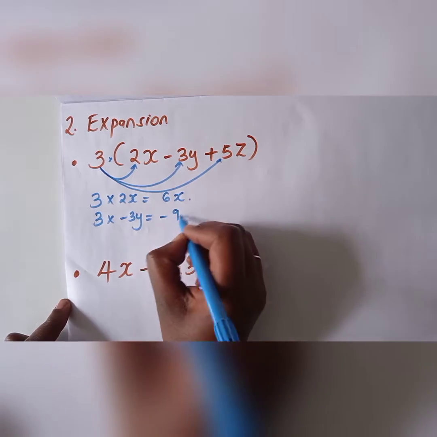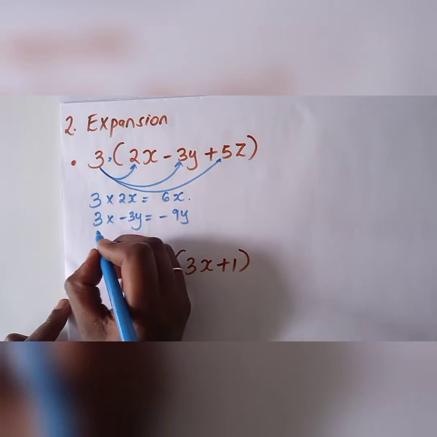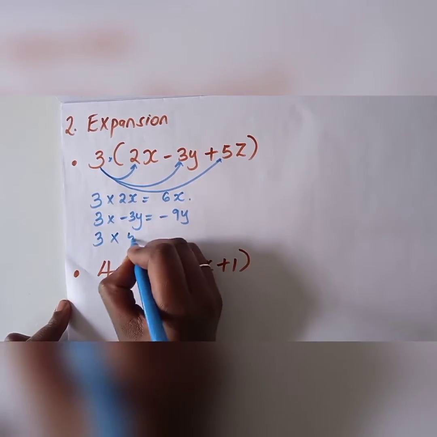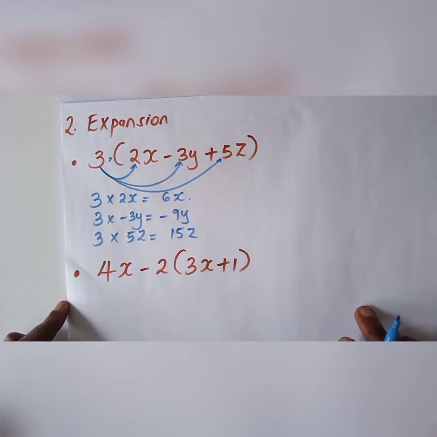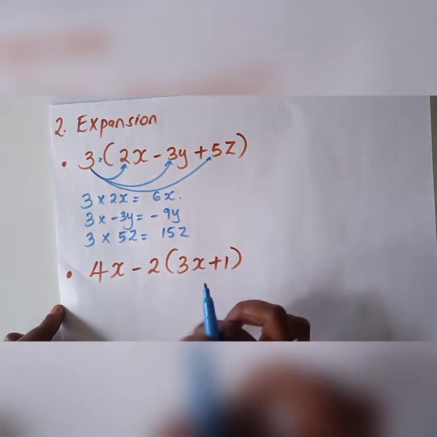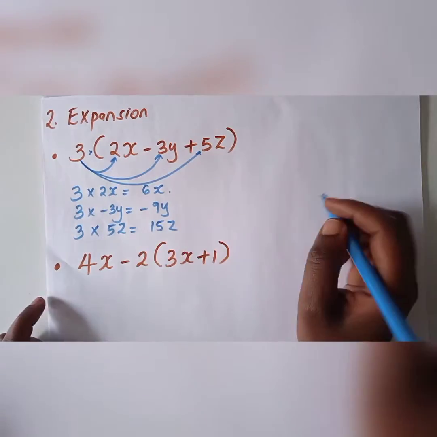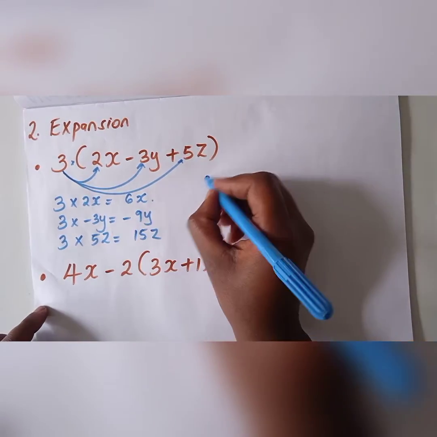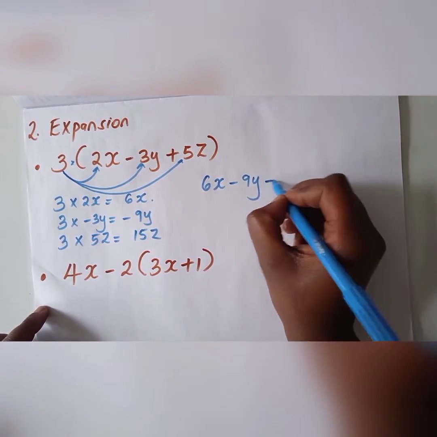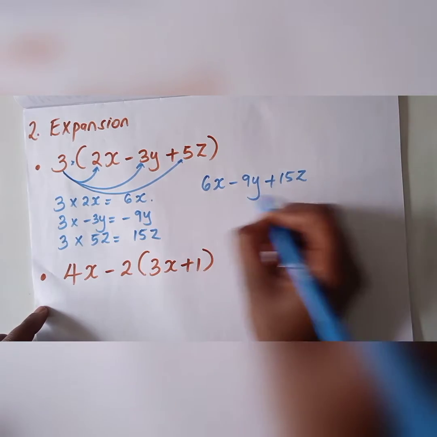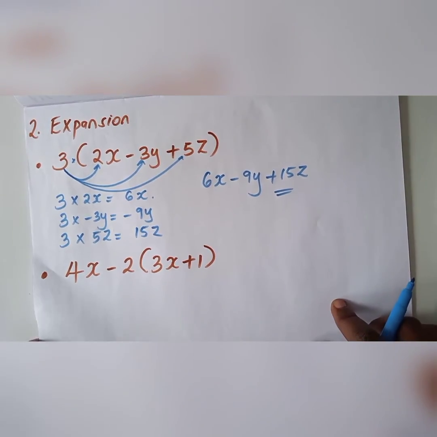This one will give us minus 9y. And finally we have 3 times 5z, that is 15z. So now you put all this together with the respective sign in front of it. So here we have 6x, minus 9y, and 15z. And that is your answer.